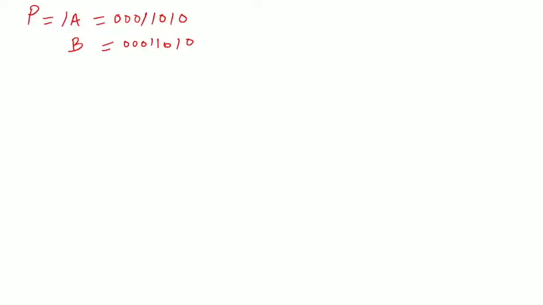Let's first look at our left and right half. Since we have 8 bits here, we'll take the first 4 bits as the left half and the next 4 bits as the right half. So 0, 0, 0, 1 is the left half, and 1, 0, 1, 0 is the right half.